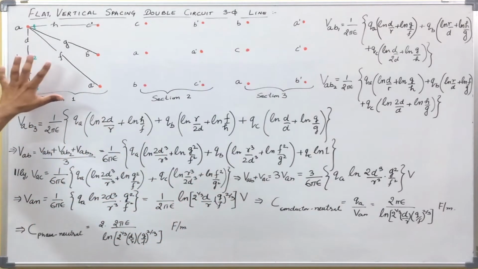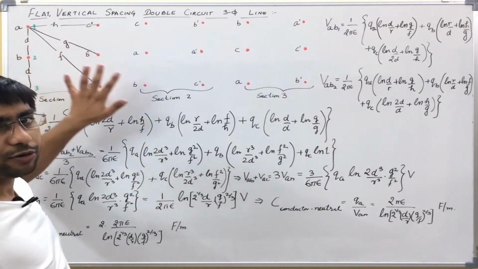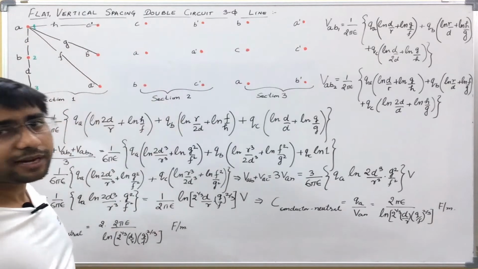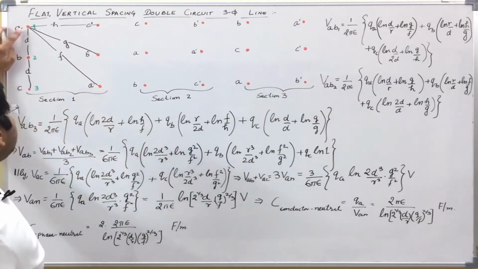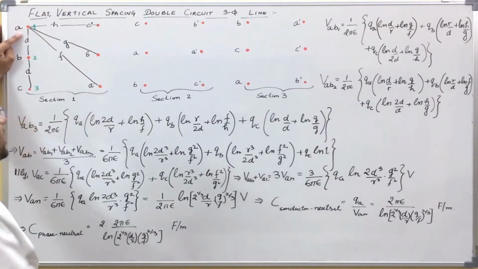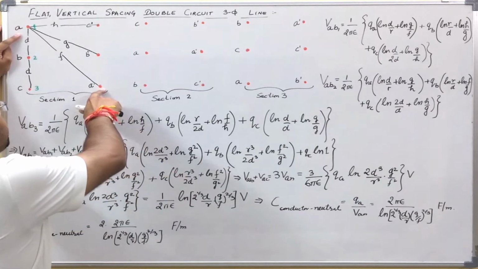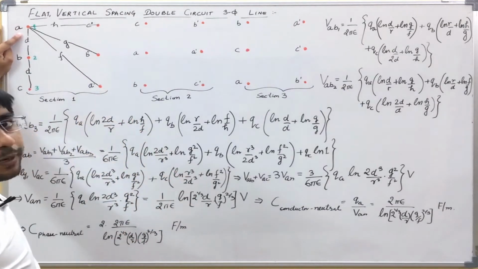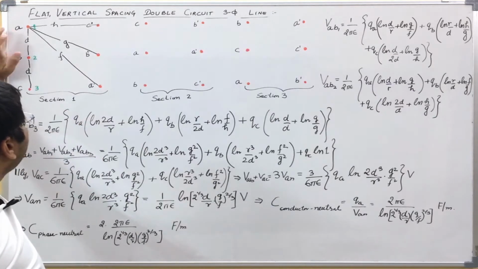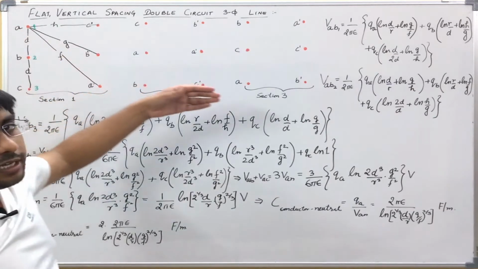So I can assume that the charges are equal and the currents being carried by them are equal. This conductor is also carrying QA charge and this is also carrying QA charge. So we will have to find the potential difference between A and B due to both charges. So let us write the equation.